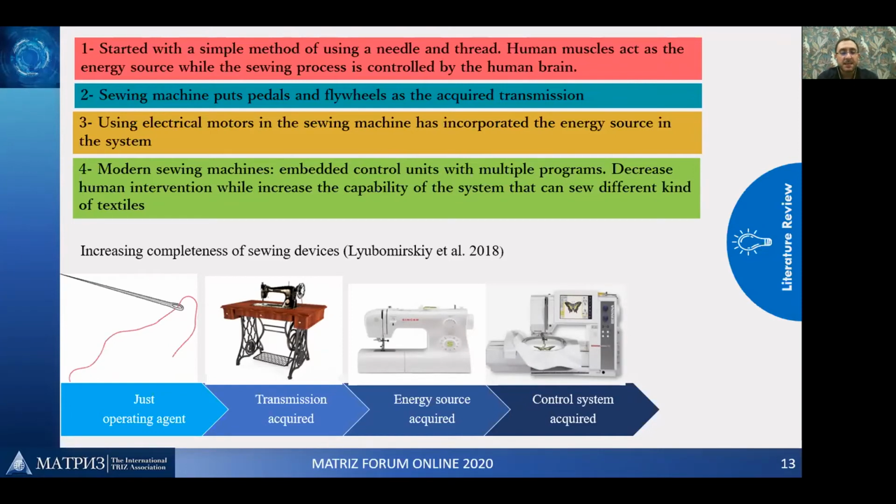In the next step, as we need the transmission, pedals and flywheels are attached to the sewing machine. In the next step, electric motors provide the energy source instead of human body energy. And finally, in the modern sewing machine, computers are embedded in the system instead of human brain control.